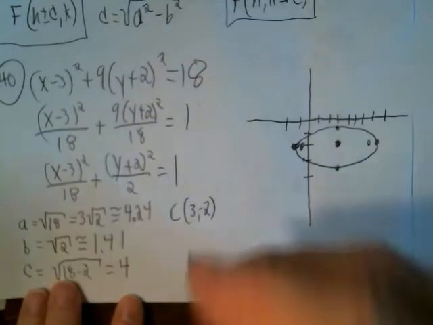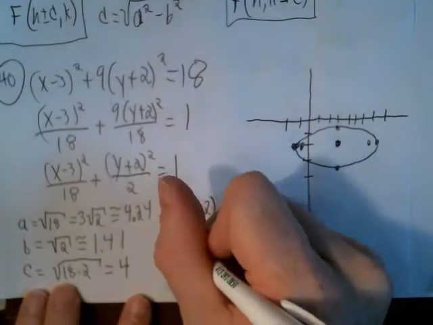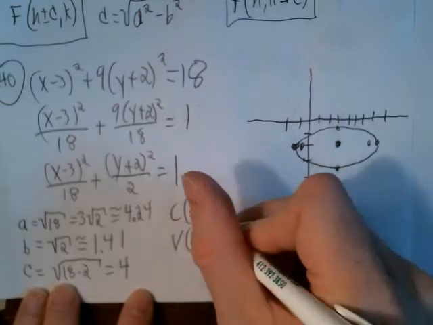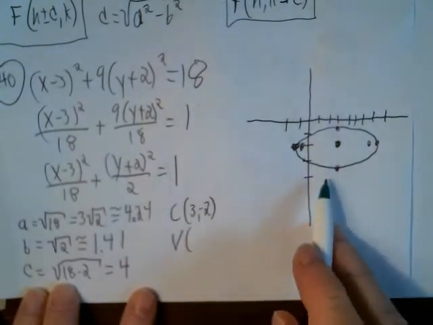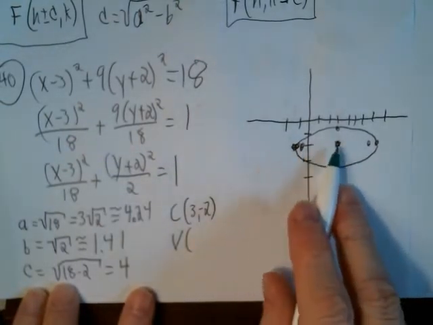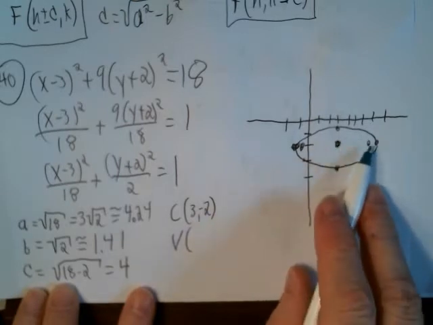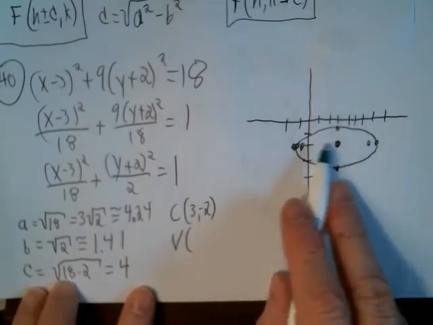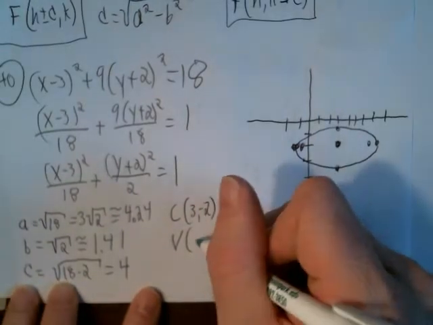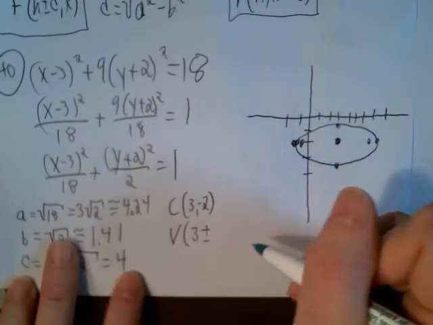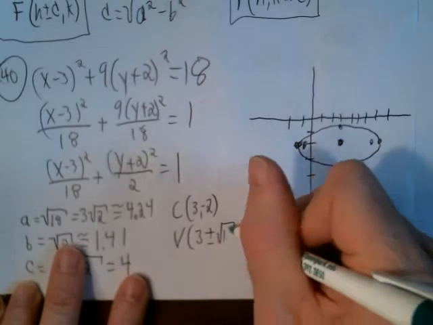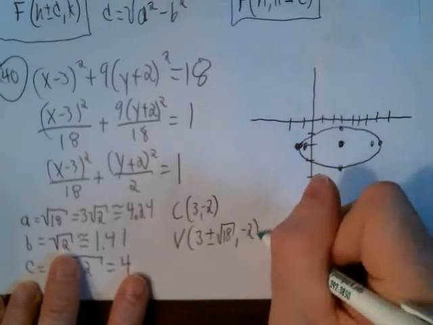Let me go ahead and get the actual coordinates for those points. So again, what we're doing is manipulating the h and the k. And for the vertices, I'm manipulating the x-coordinate. So I'm going left x and then right x. So it's going to be 3 plus or minus square root 18, comma, negative 2.